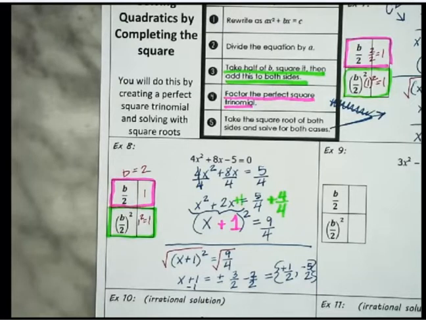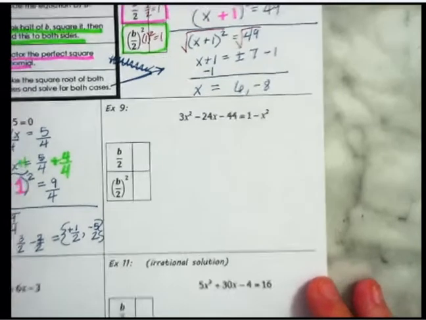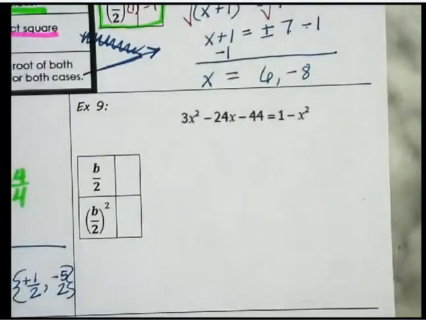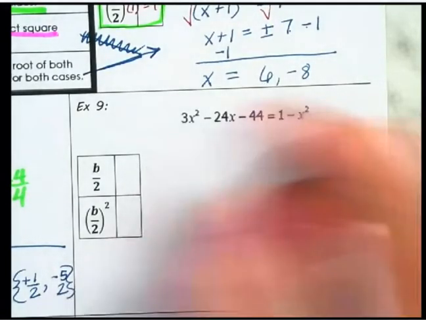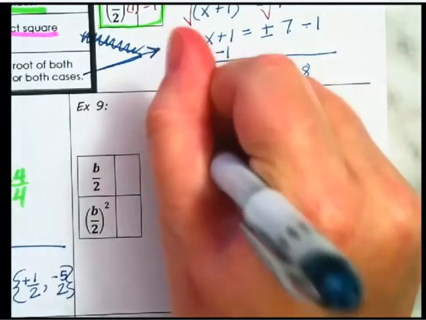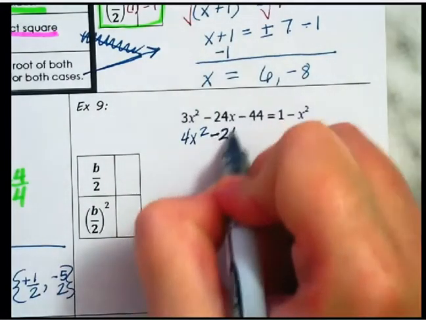Let's take a look at number 9. So I need to go ahead and rearrange this so that everything is where it belongs. So let's add this x squared to the 3x squared. And then bring down minus 24x.